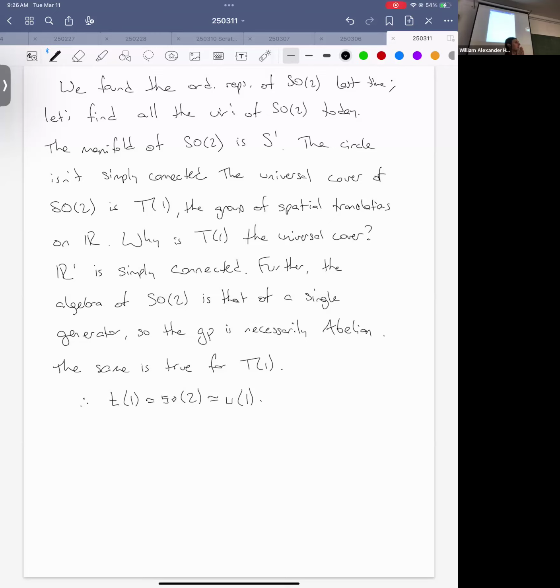And R is the manifold of T1. Yes. Well, the manifold of T1 is. Exactly. Sorry. It is like the manifold of T1 is R, just like the manifold of SU2 is the 3-sphere.